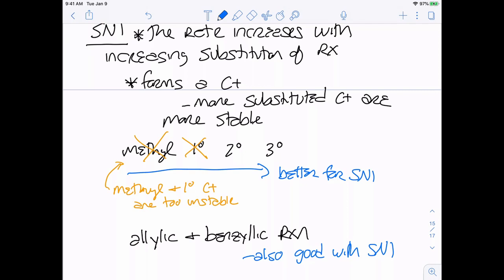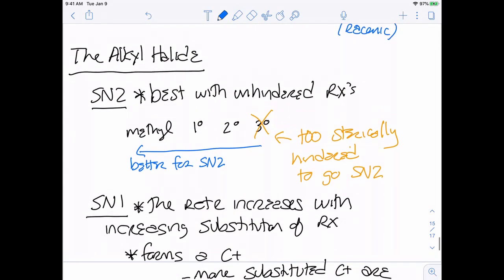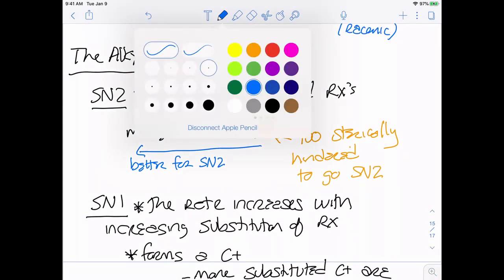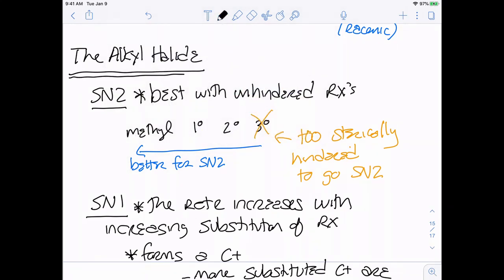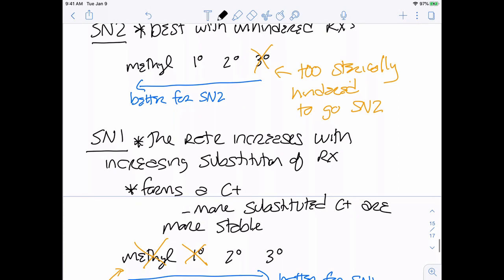So again, the identity of the alkyl halide is going to matter for both of them, right? It is involved in our rate determining step. So the alkyl halide, less hindered, is best for SN2, and then for SN1, we want to form carbocations that are more substituted, so we want to use alkyl halides that are more substituted.